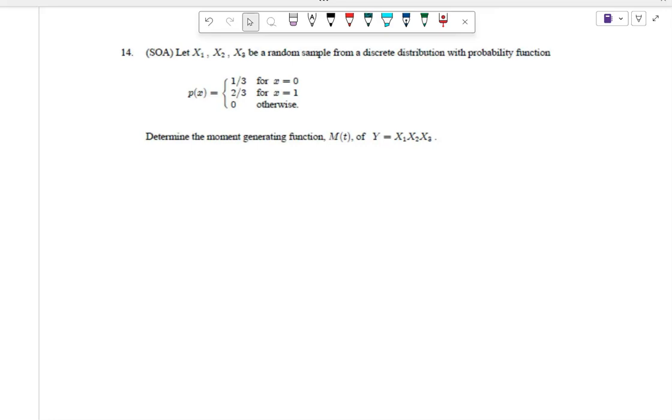You're taking the value you get for x1, the value you get for x2, the value you get for x3, and you're multiplying. What are your possibilities then for the values for y? If your values for x1, x2, and x3 have to be either 0 or 1, and you multiply them all together, what are your possibilities for the values for y? 0 or 1, right?